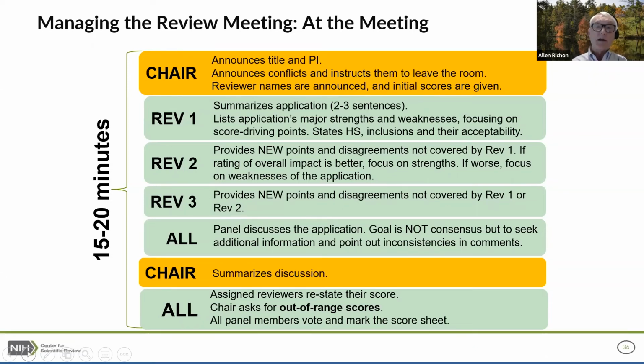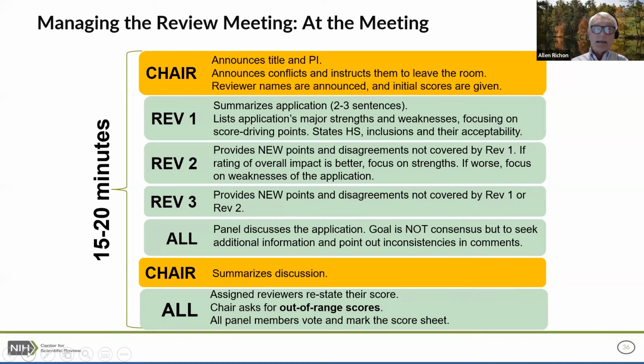So let's say we have an application that scored 2 through 5. It might be that a reviewer has listened to the conversation and feels that the application is not as bad as presented or not as good as presented. They may feel that the scientific issues that were discussed are more important or less important. And for that reason, they can score out of range.